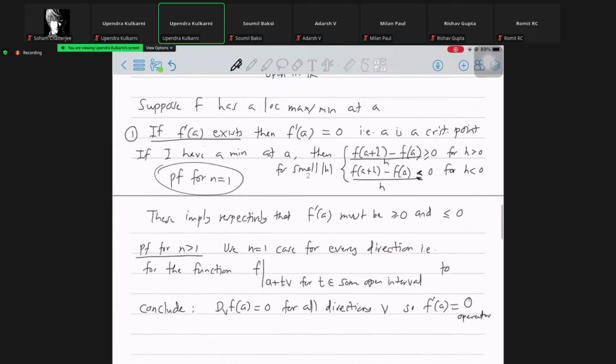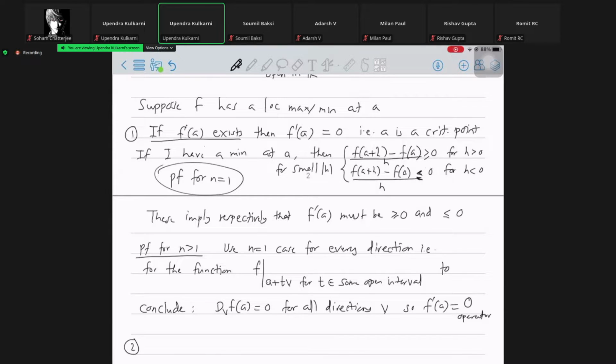Okay, so this was straightforward. Now, the next part. Suppose A is a critical point. I'm still operating under the assumption that f has a local maximum or minimum at A. So that supposition is still there.